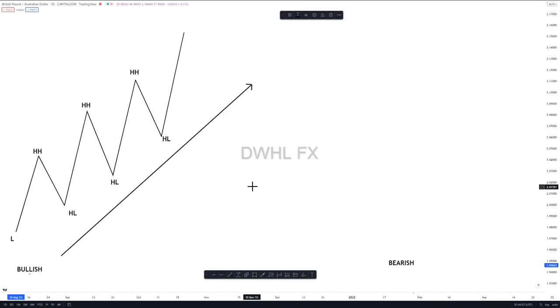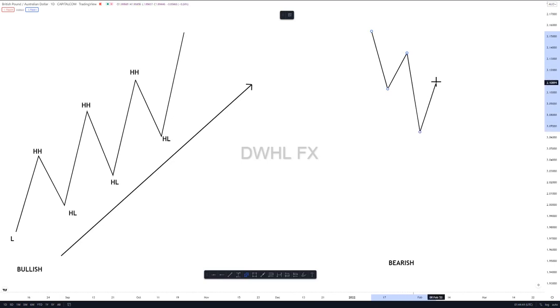Yes, so for a bearish market, first of all, price moves from a high to a lower low, a lower high, a lower low, a lower high, a lower low. Very basic.